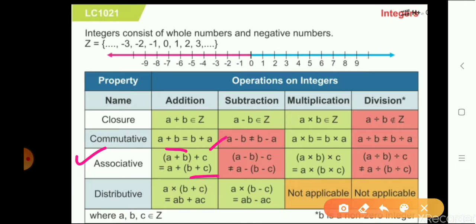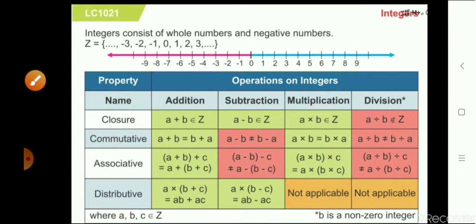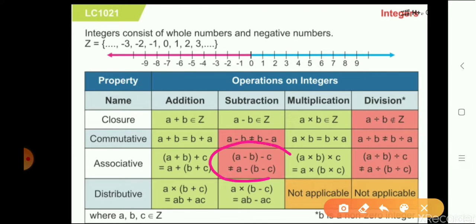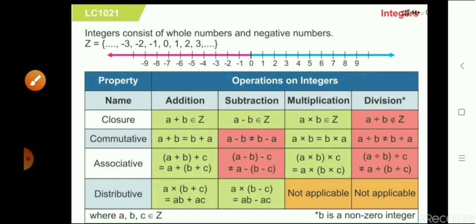In case of multiplication also, whenever we pair up the integers differently, we get the same resultant. But not in the case of subtraction and division. So we can say that the associative property holds for addition and multiplication of integers, but not in case of subtraction and division.